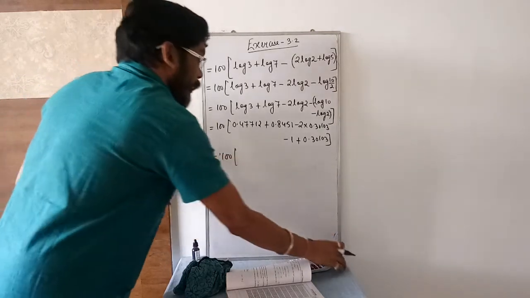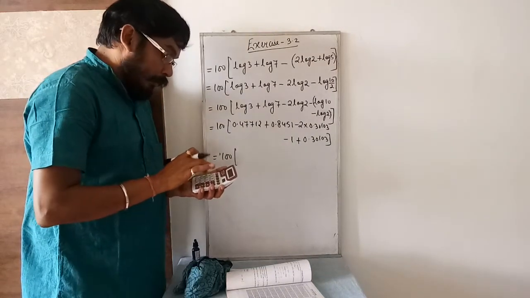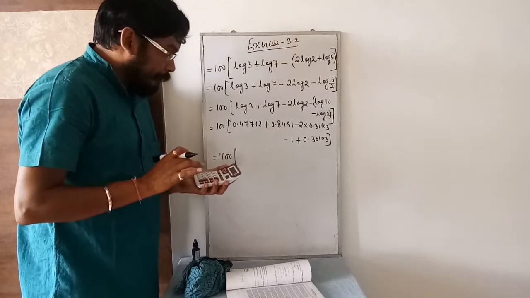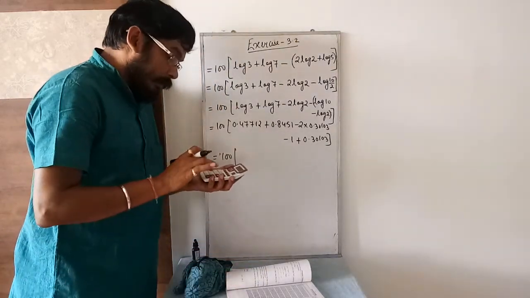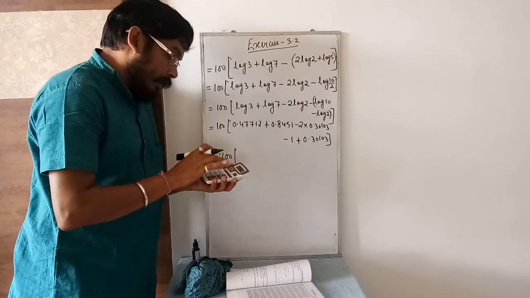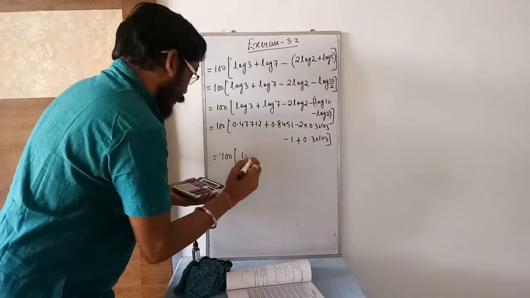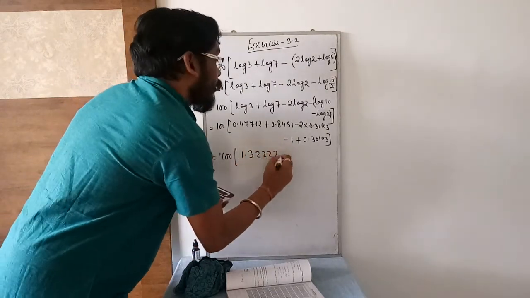So it is 0.47712 plus 0.8451, which is 1.3222.